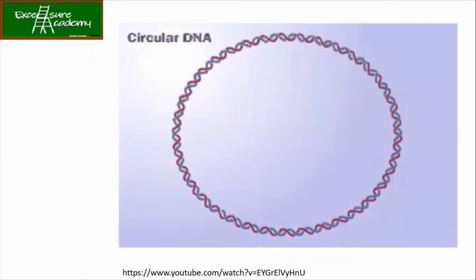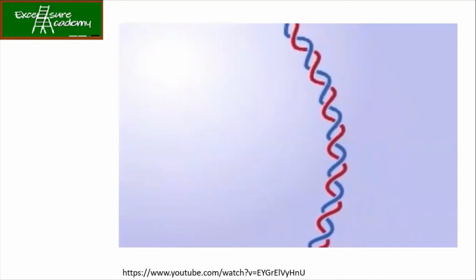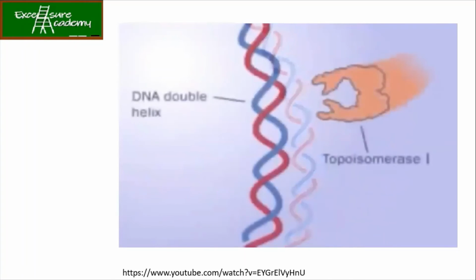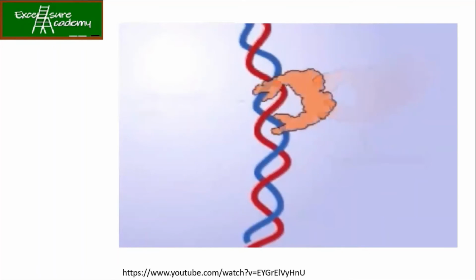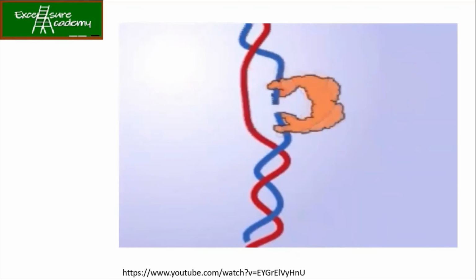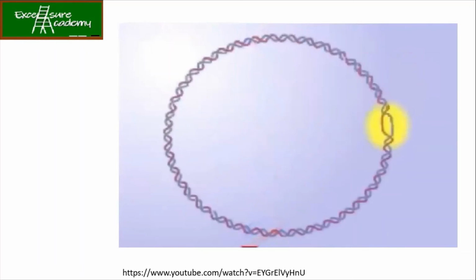This problem has been best characterized in small circular DNAs. There are two methods of dealing with this problem in DNA. One cuts only one strand of the DNA double helix, and the other cuts both strands. Let's look at the first. Topoisomerase I enzymes cut a single strand of the double helix, pass the other strand through the cut, and reseal the break, relaxing the overwound molecule, which now has one fewer twist.